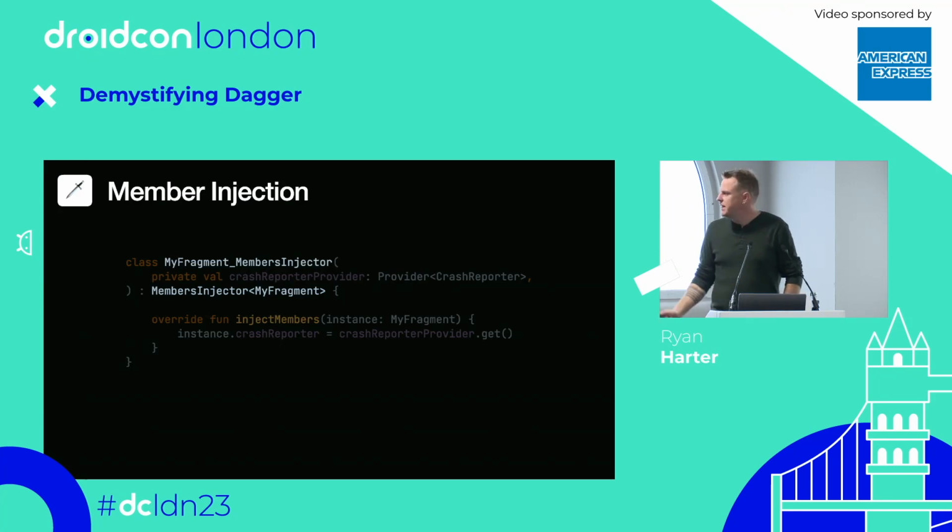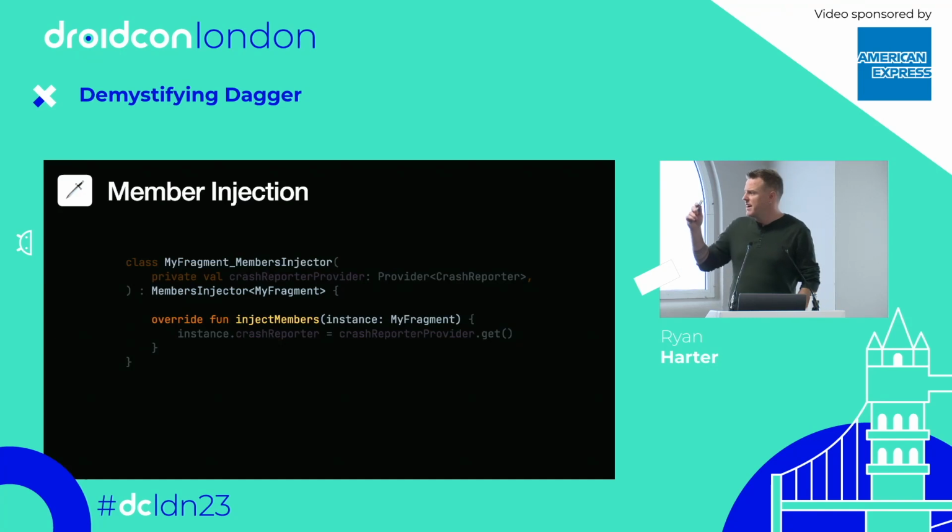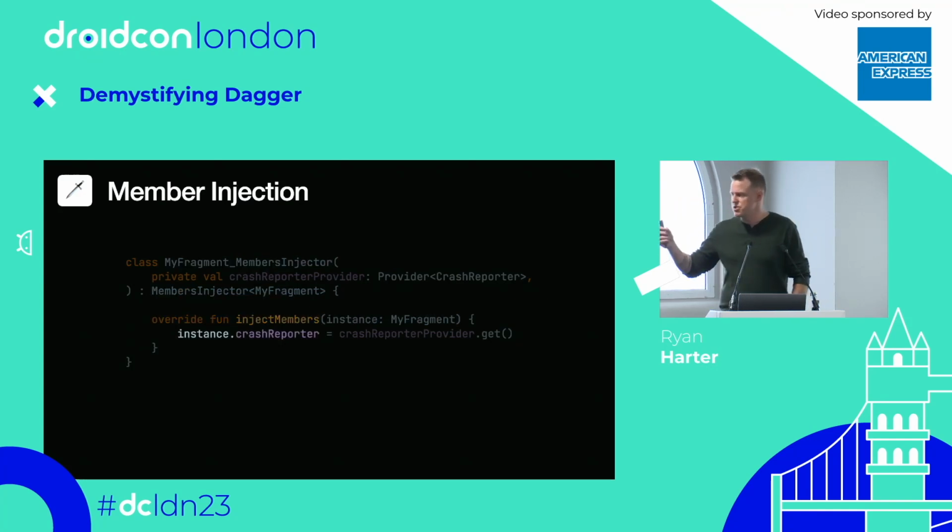Another fun side note, going back to this members injector. Since it's a members injector, it has an inject members function. What you'll notice inside it is that since an instance of the object gets passed in, the reason the inject annotation needs to be on a publicly accessible setter method, var, or publicly accessible field is that this members injector is just setting that value.